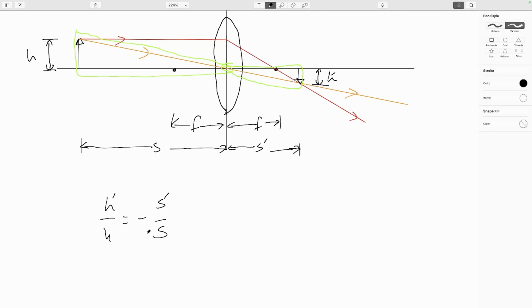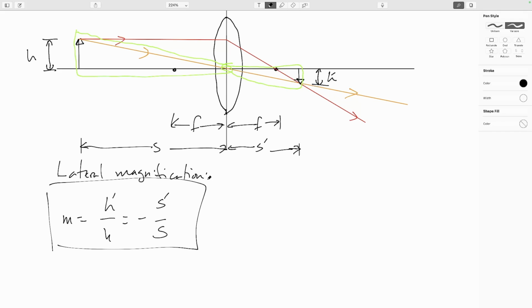So we'll put in a minus sign to recognize that. And we will call this the lateral magnification. So that's one of 2 things that we can pick out of this from similar triangles.